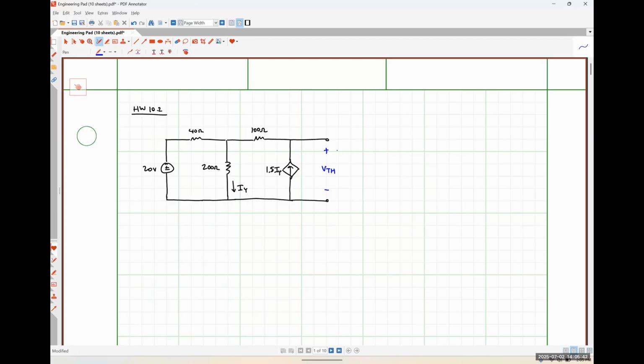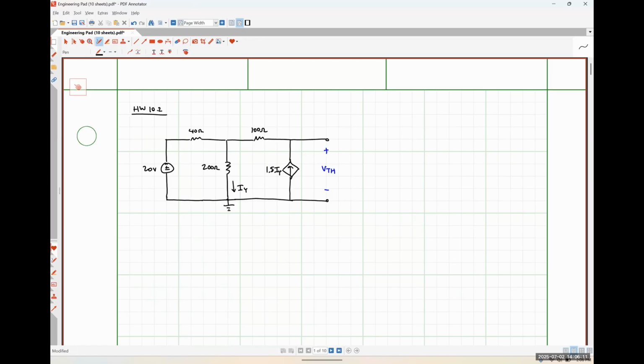So for this particular circuit, because I'm trying to find a voltage, I'd probably use nodal analysis here. Mesh wouldn't be bad by any stretch of the imagination, but we'd have to do extra work at the end to actually solve for VTH, whereas if we use nodal, we're going to get it directly. So that's how I'm going to go.